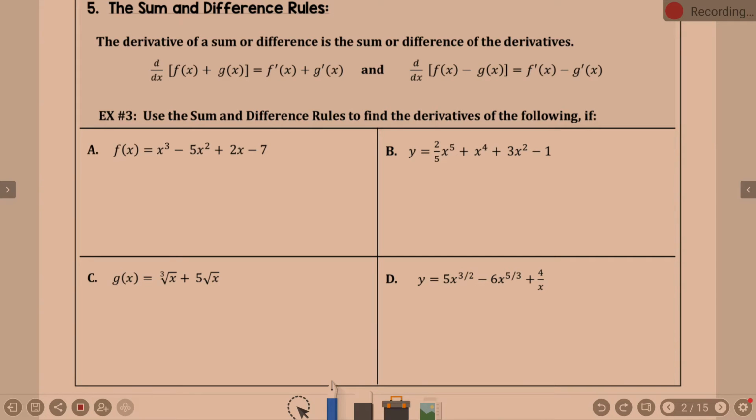So if there's a derivative of pieces being added or subtracted, then your answer is going to be the pieces, adding or subtracting, of the derivatives. Basic way to say it: take the derivative of each term. Okay, shall we try it? So f of x is this equation.